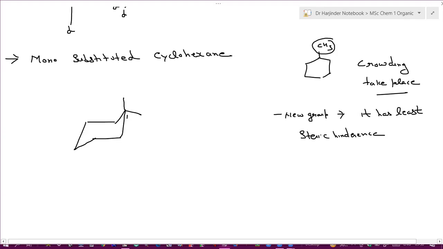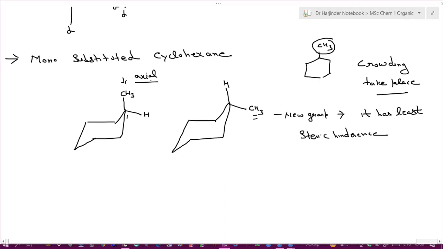It can move to either the axial position or the equatorial position, but at which position will it have least steric hindrance? So you have two situations. One, methyl is at the equatorial position, and here methyl is present at the axial position.